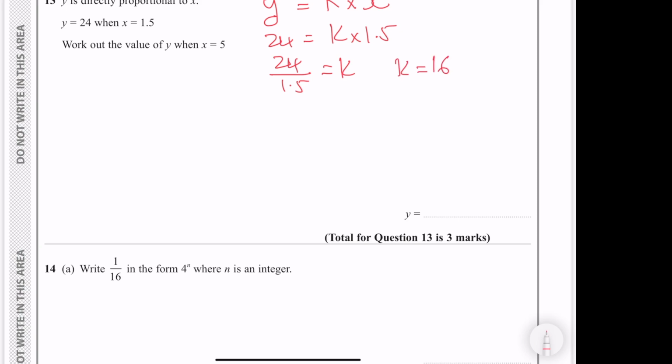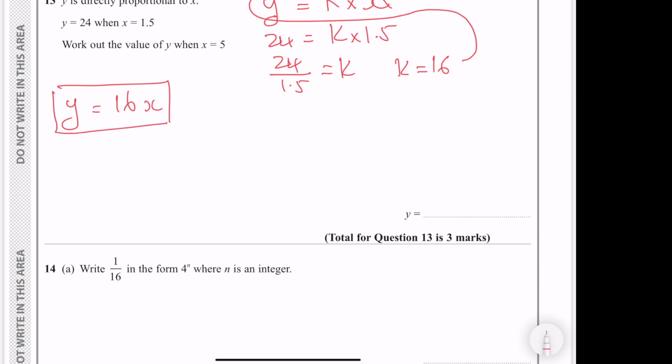And then once you find k, you have to go back to your original equation and substitute k by its value. So y equals 16 multiplied by x. That is the equation connecting y and x.